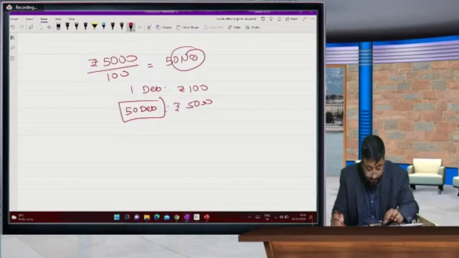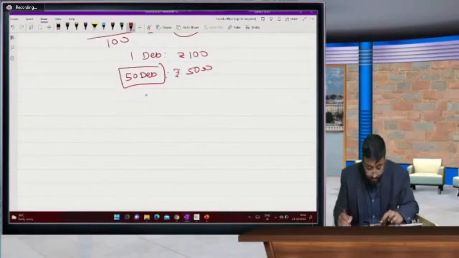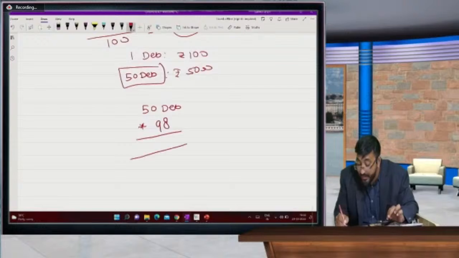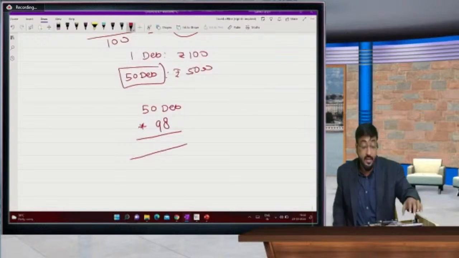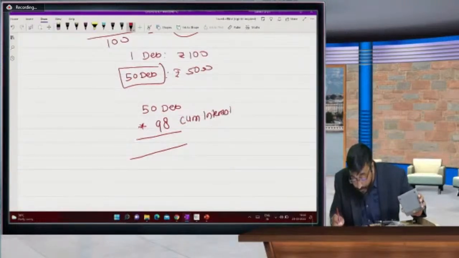Now, 50 debentures multiplied by 98 rupees. This 98 rupees is the cum interest price. Please understand this important concept.